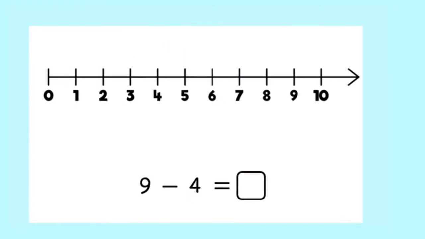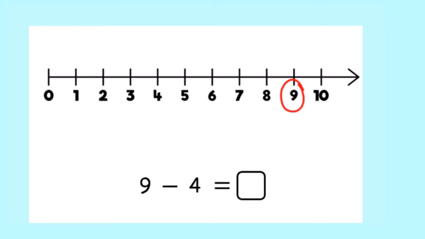Let's do another one. I'm sure you're starting to get the idea now. My subtraction is 9 subtract 4 equals. So I'm going to start on the number 9. I'm subtracting 4, that means I'm counting back. Remember, when we subtract, the number gets smaller. So we're going down the number line, we're going backwards down the number line.